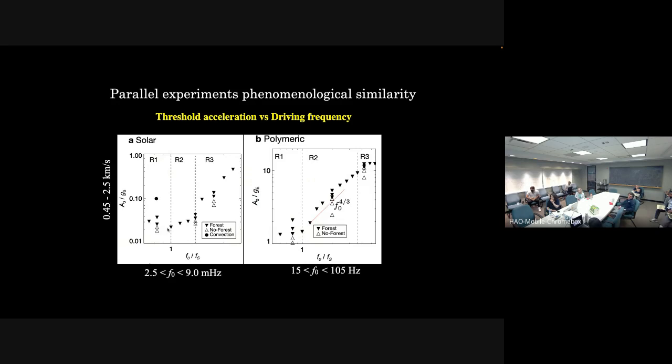And of course, as the frequency becomes less and less in the solar atmosphere, it becomes more and more difficult to excite the jets because there is this critical frequency. So here we have this very similar phase-space relation between the two systems, when you do this threshold acceleration versus driving frequency. So from this experiment, we basically conclude that we need a large amplitude quasi-periodic excitation in both systems.